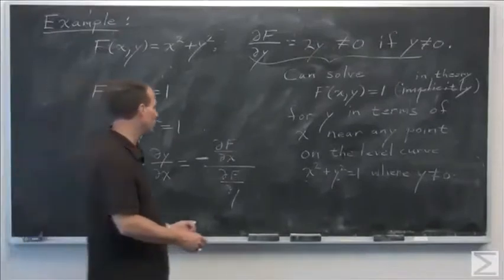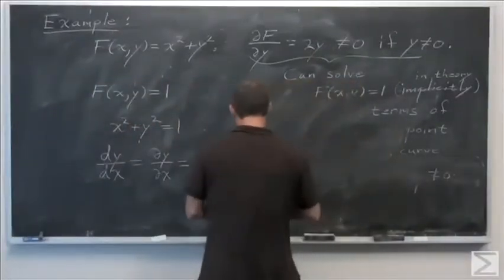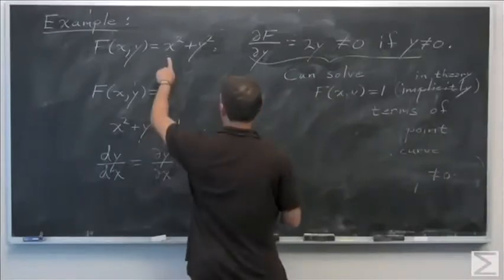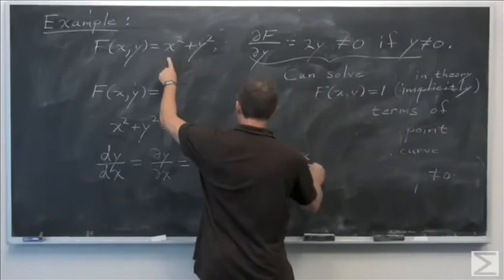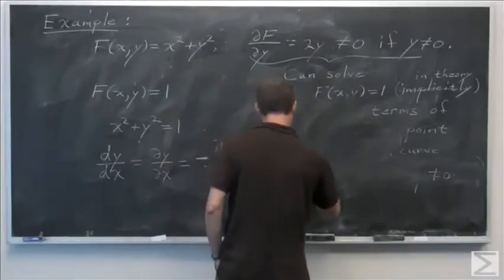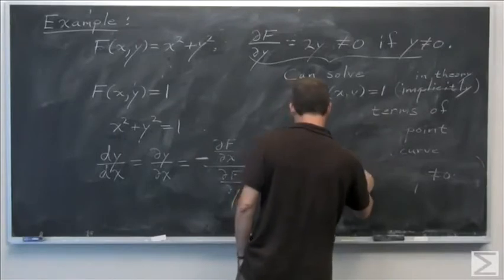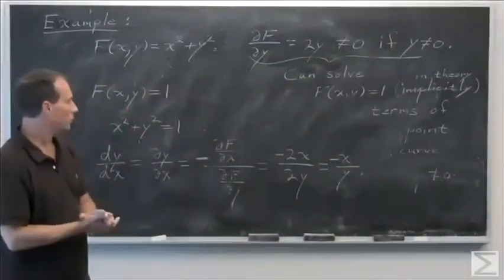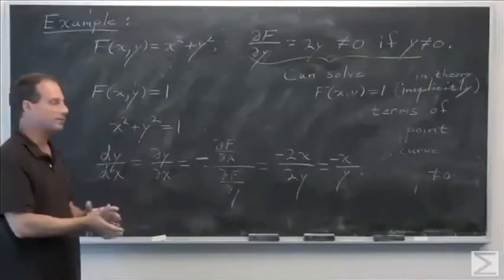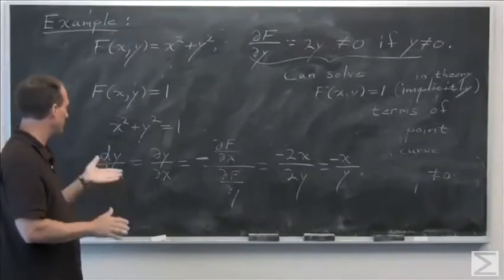So what do we get? You get negative the partial derivative of f with respect to x, 2x, over the partial derivative of f with respect to y, 2y. You can cancel the 2's. You get negative x over y, which is what we got before, when we actually solved explicitly for y in terms of x, given that y was positive or negative.